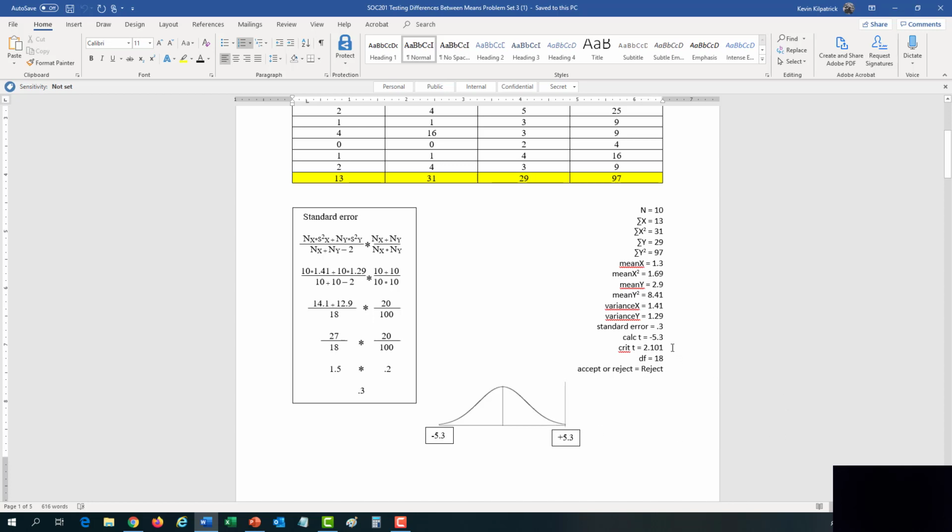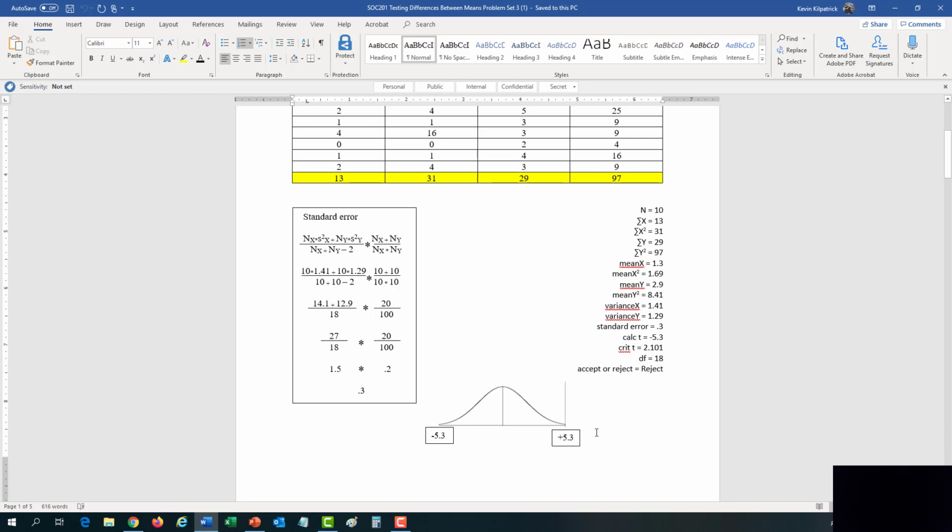And since this critical T is above the mean, you know, right about here, hypothetically, the positive 5.3, the other side of the two-tailed test, is on the same side of the mean, so you have to use that to make your decision.